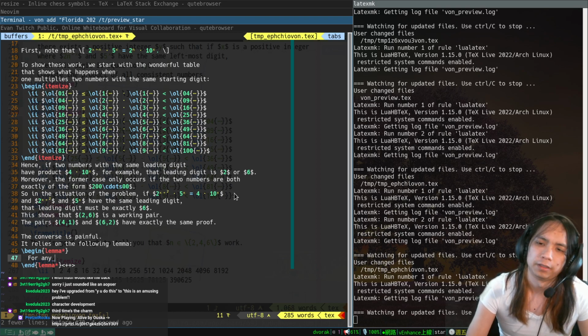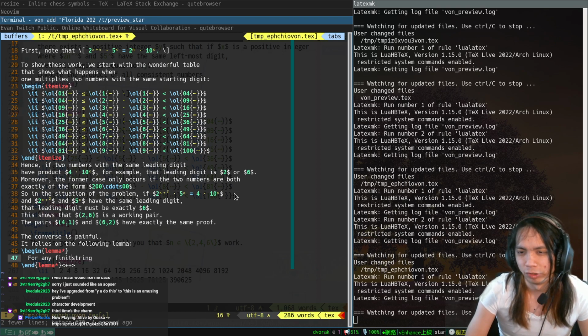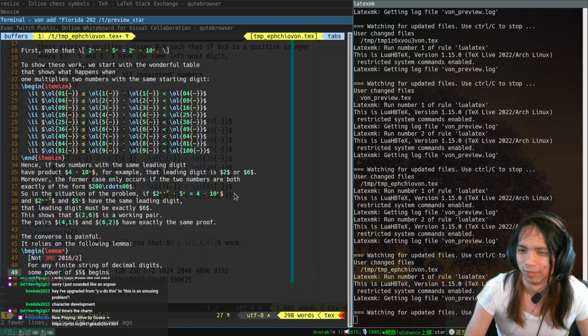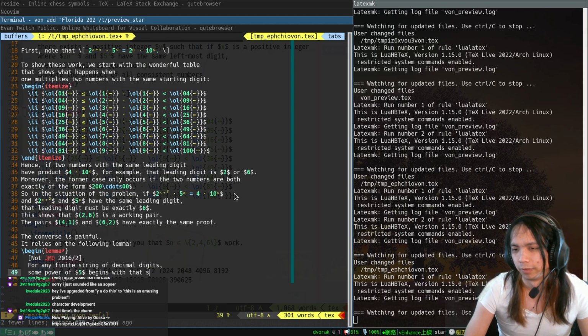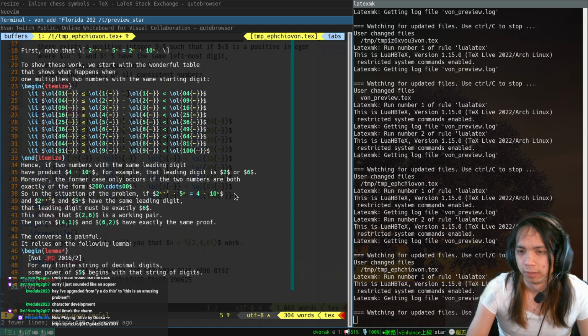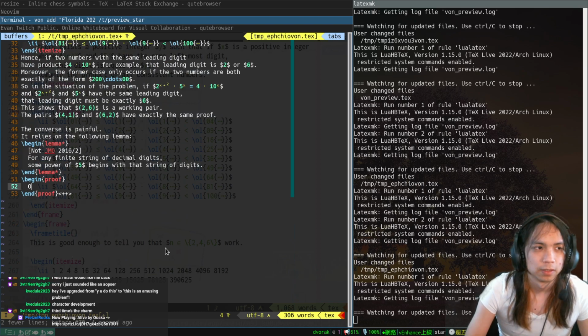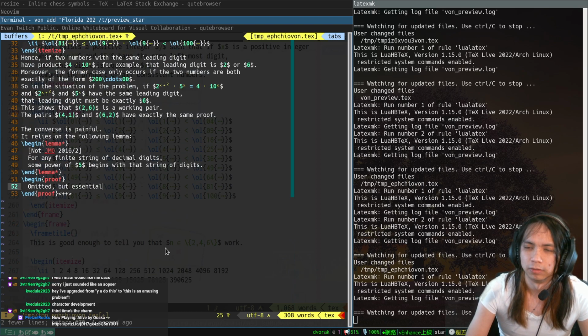For any finite string in decimal digits, some power of 5 starts with that string of digits. Omitted, but essentially follows. Well, okay.